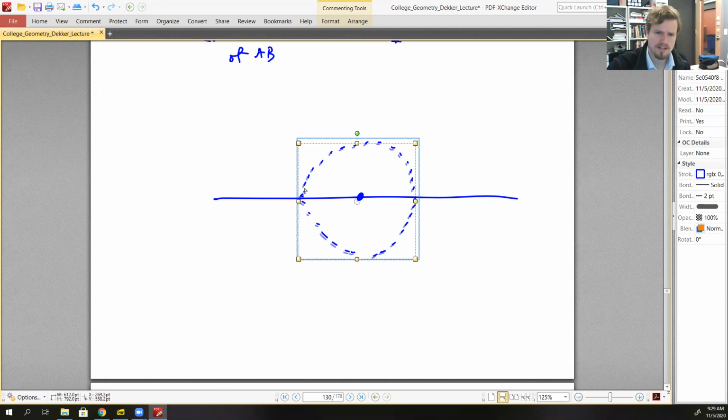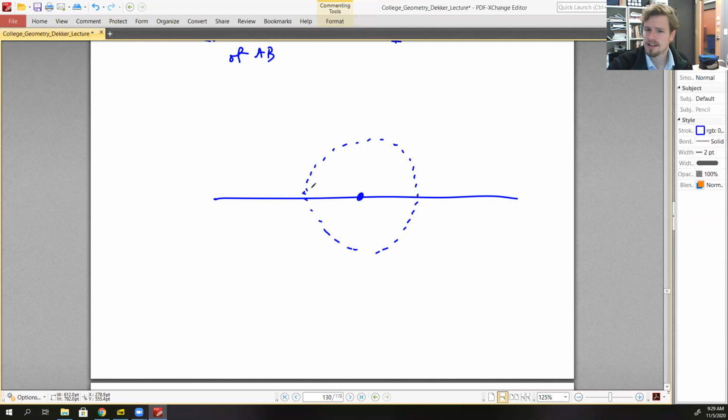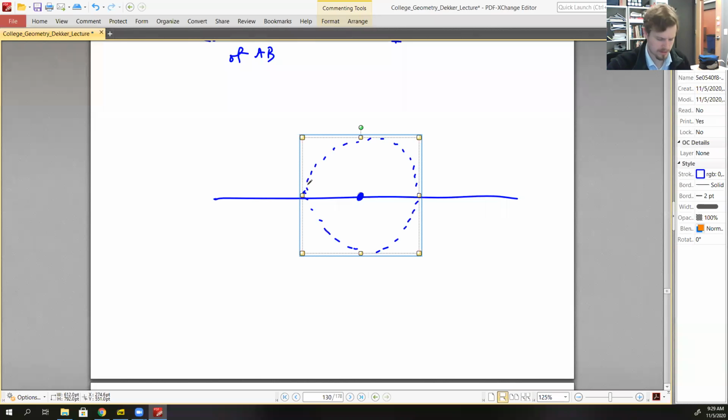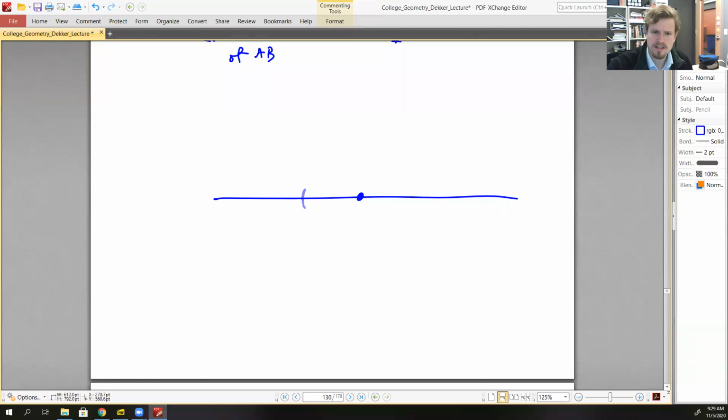But of particular interest to us isn't the whole thing. Of interest to us are just the intersection points on either side. So we make little marks with our compass, and then we label those points. We identify those points as A and B. So the given point was P.